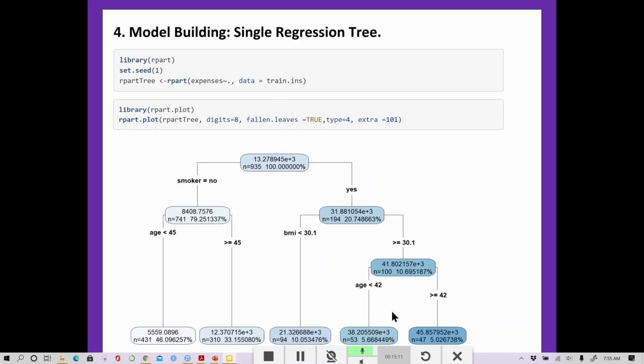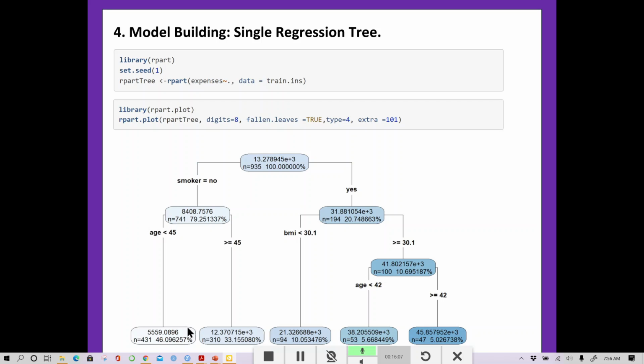As far as the interpretation of this regression tree goes, one quick path we might follow to illustrate, based on what we discussed in the last class, is that out of the 935 observations in the training data set, if a person is found not to be a smoker and is aged less than 45 years old, there are 431 of them, and they constitute approximately 46.1% of the total 935 training instances, and the predicted medical price for everyone in this node that satisfies this rule is approximately $5,559.09.